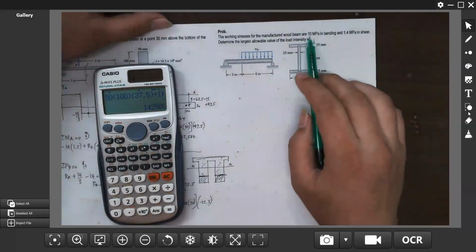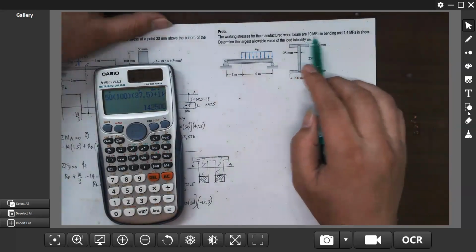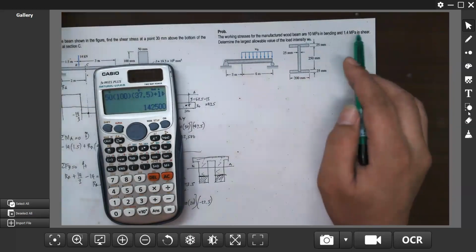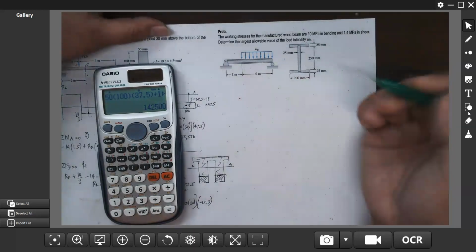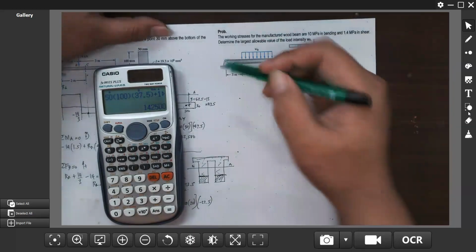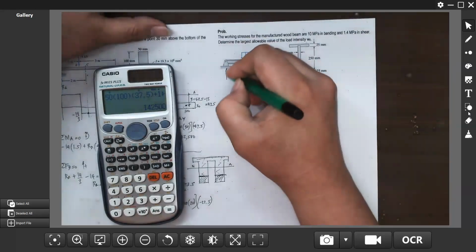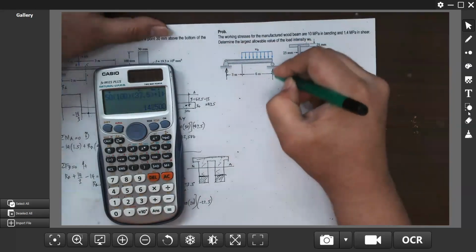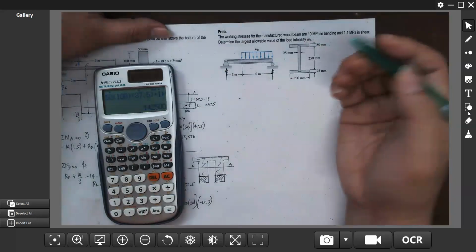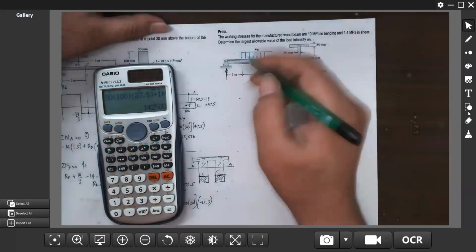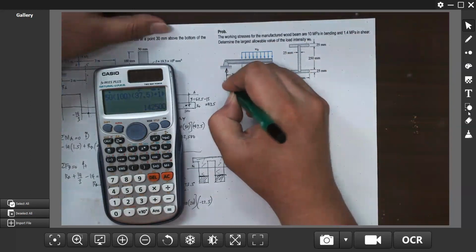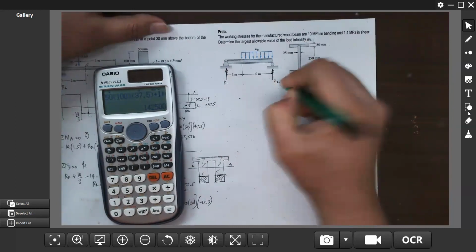We have two criteria. 100 megapascal in bending, 1.4 megapascal in shear. So first, get the reactions and then draw the shear and moment diagram. So R1 and R2.